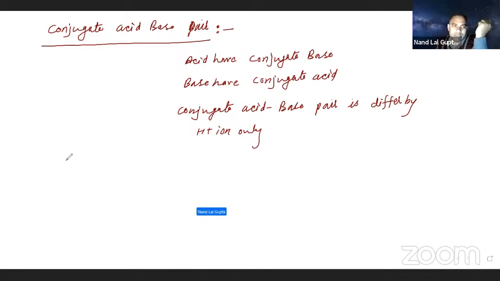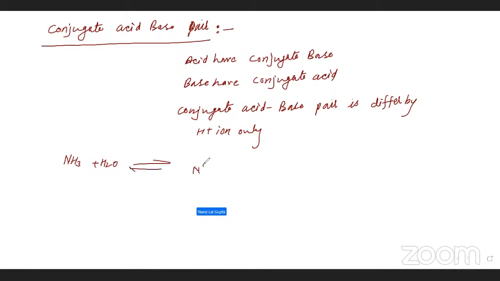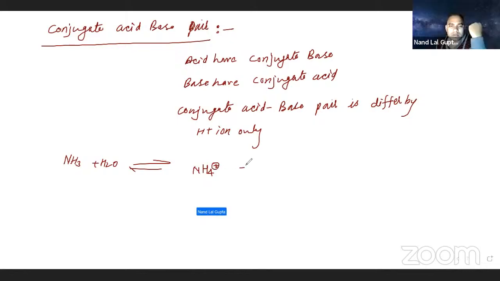Now see. NH3 is there. If I write NH3 plus H2O, it is going to give NH4 plus and OH minus.